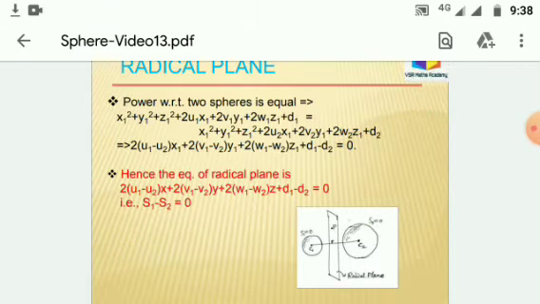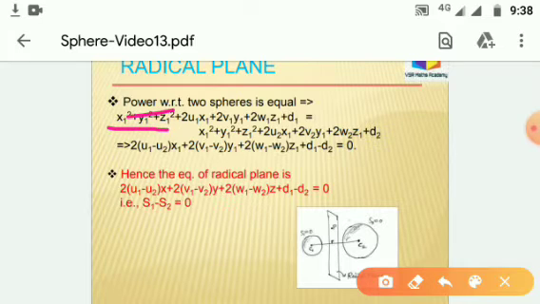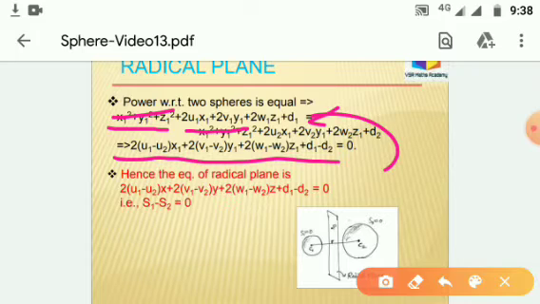On simplification, the square terms cancel, and shifting all the terms to one side, we get 2(u1 minus u2)x1 plus 2(v1 minus v2)y1 plus 2(w1 minus w2)z1 plus d1 minus d2 equal to 0.